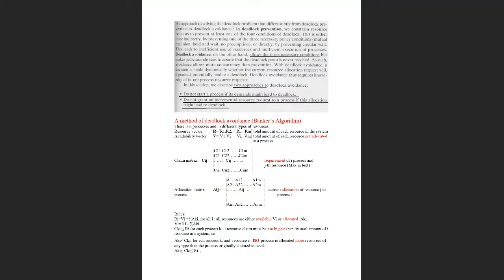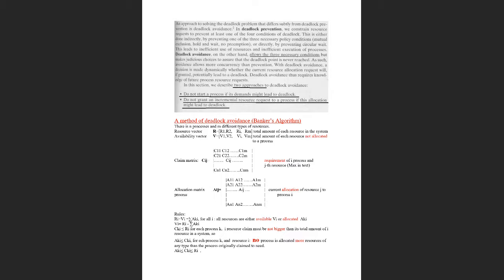So what we have: resource vector R. Every process out of M of them has a certain amount of resources. Availability vector V: those are the resources which have not been allocated to a process. Claim matrix: this is what the processes may claim, so every process has its own resources they may claim at maximum.